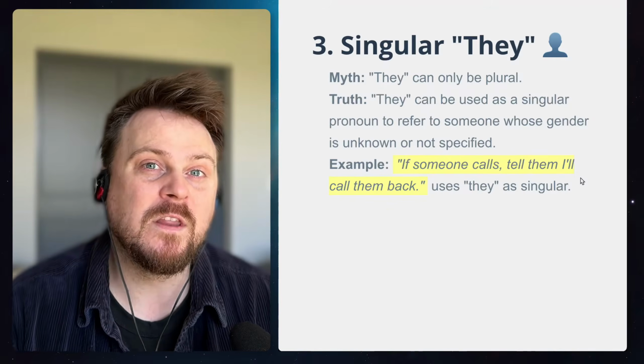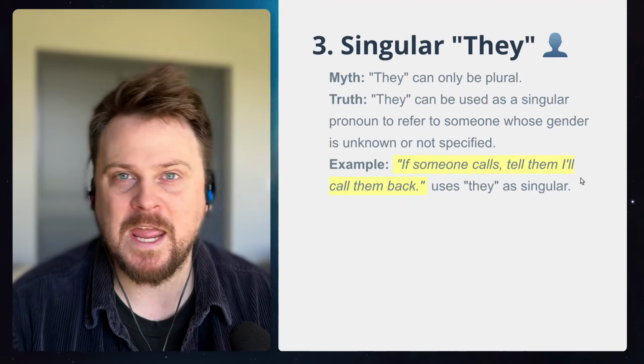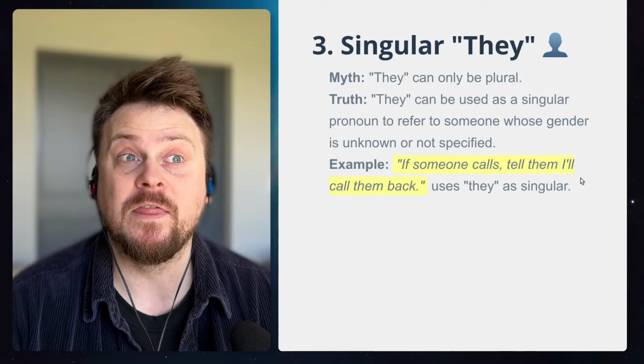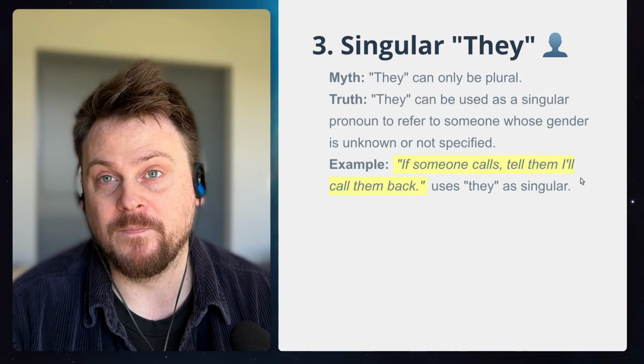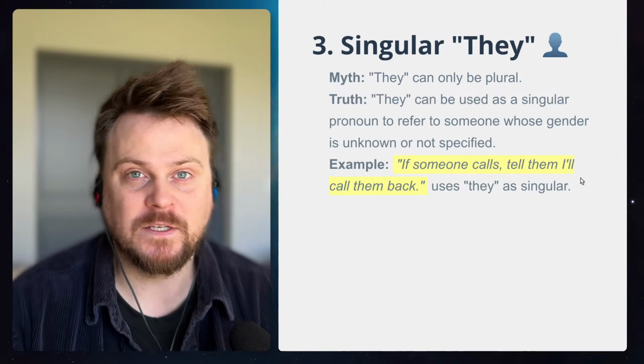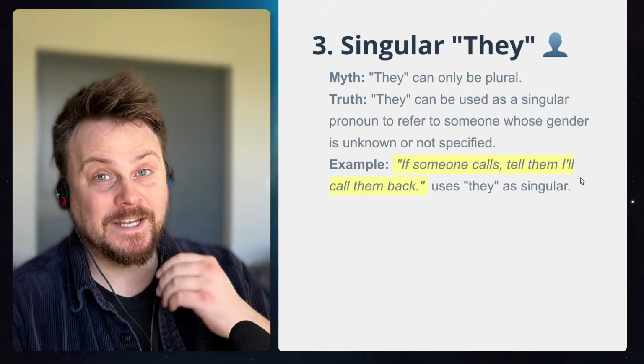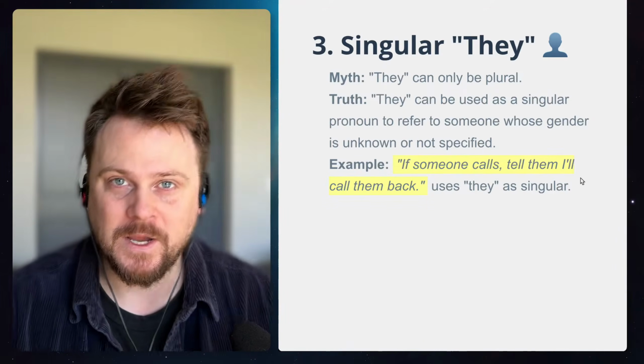Typically, we think of the word they as more than one person, multiple people, right? They, them. So them would be the object, right? And they would be the subject. He, him, she, her, right? It's the same for it.